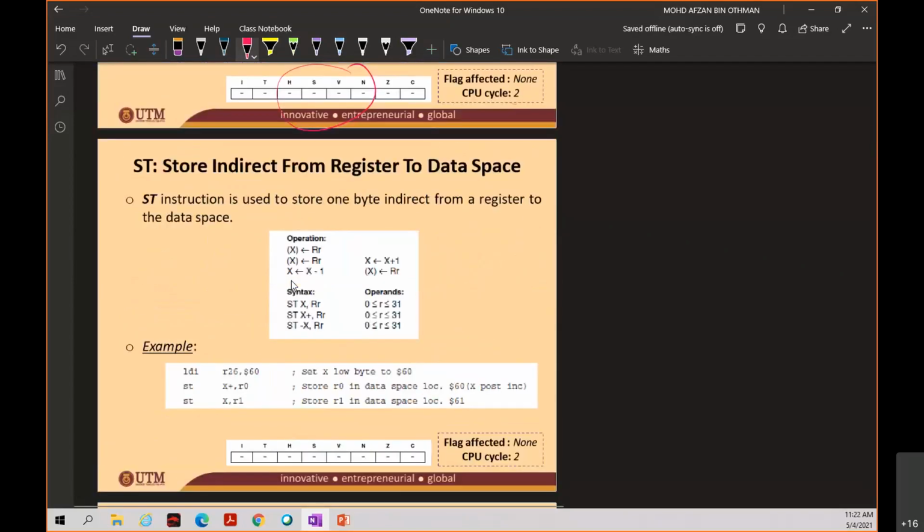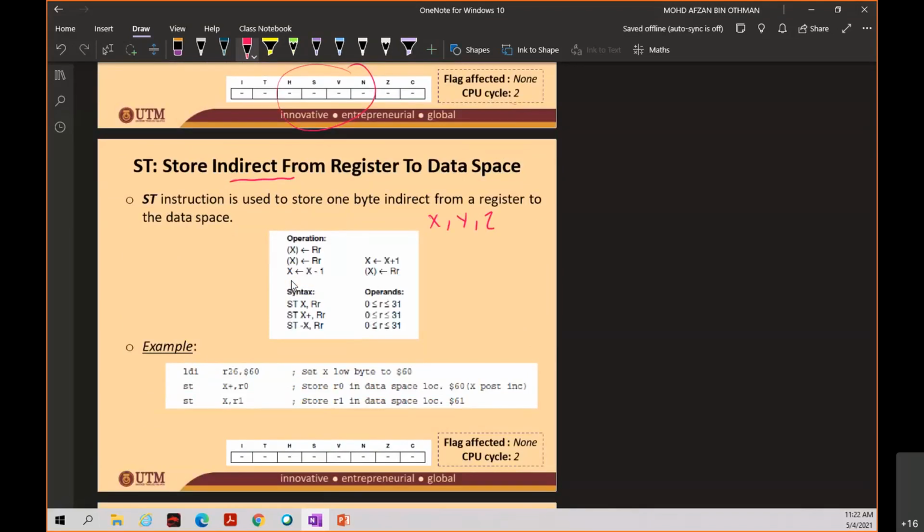Then we have the ST. ST stands for store indirect from register to data space. This is by using the indirect addressing mode, so you're going to store 1 byte indirectly from a register to the data space. Since this is an indirect addressing mode, you use the pointer registers X, Y, and Z to point to the location that you're going to store.